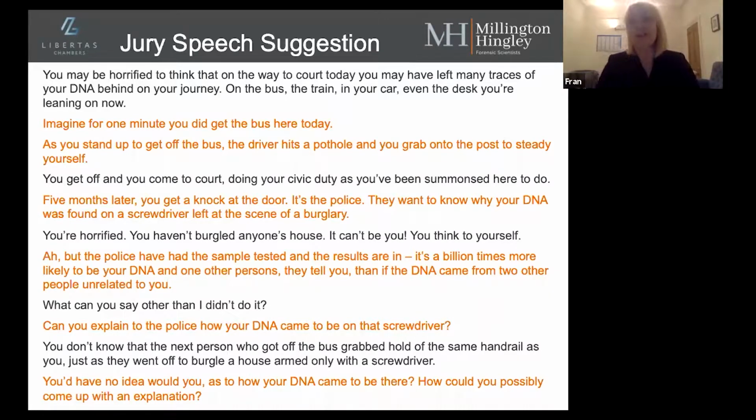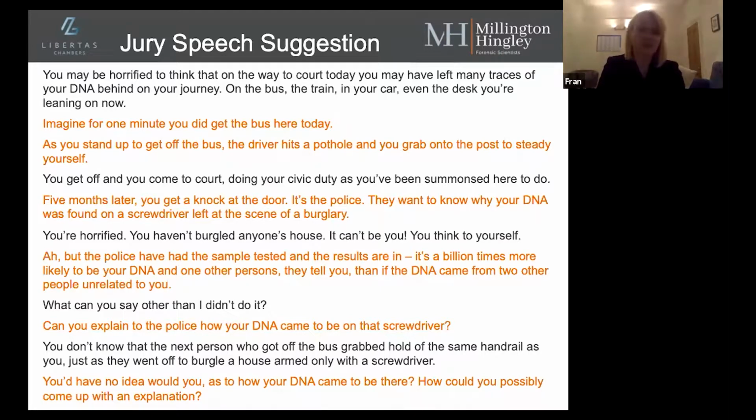So one of the ways around this is to try and get them to put themselves in a position to appreciate that this frankly could happen to anybody, because we are depositing our DNA all over the place all of the time. And I think COVID's probably taught us some of that, and we're all a little bit more aware of it than we were before.